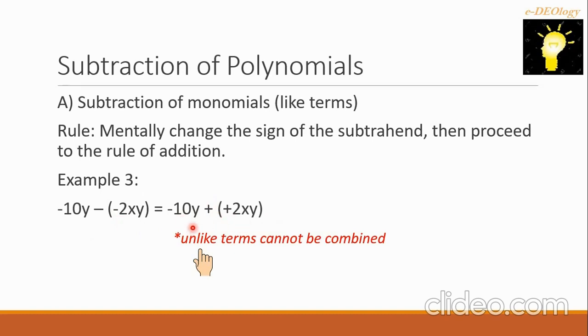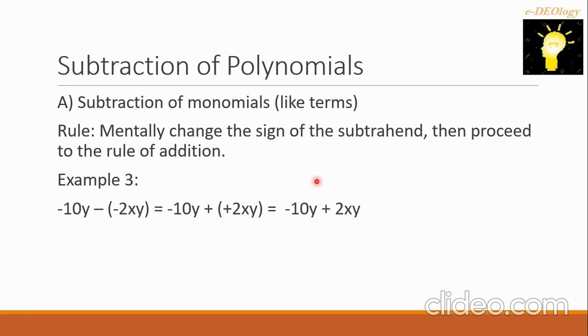Here, the literal coefficient is y, and in the second term, the literal coefficient is xy. So, as a rule, unlike terms cannot be combined. So for our final answer, we will simply copy all these terms: negative 10y plus 2xy. So the final answer is negative 10y plus 2xy.